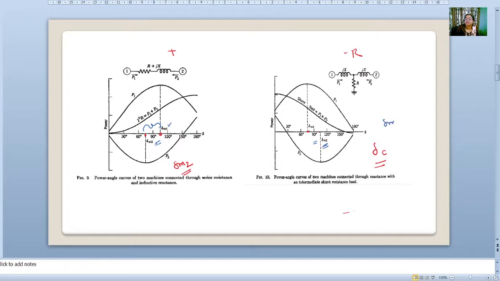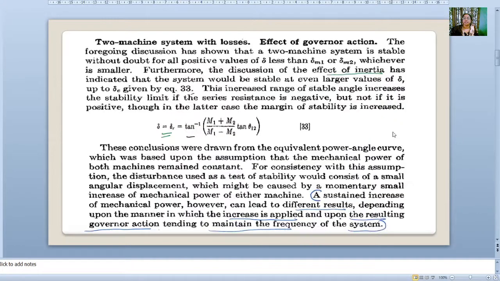This is the conclusion we can draw from the effect of inertia: the increased range of stable angle increases the stability limit if the series resistance is negative. In the positive case, though, the margin of stability is increased.